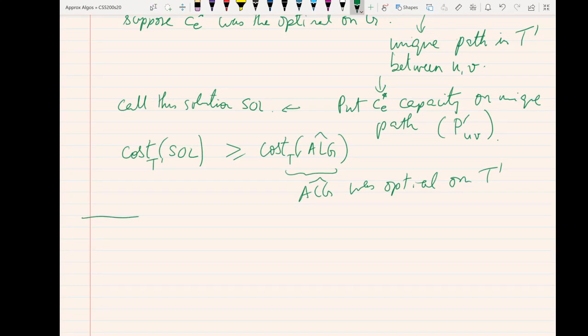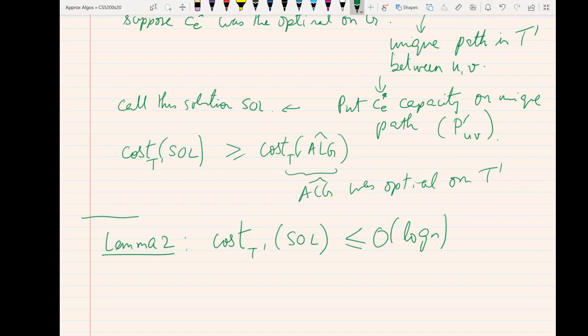Now again, the last thing to relate is how does the cost of sol relate to the cost of the optimal solution in the graph G. And that's what we'll show next. Okay, that it's within an order log n.